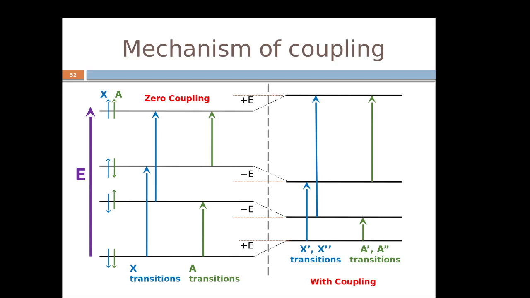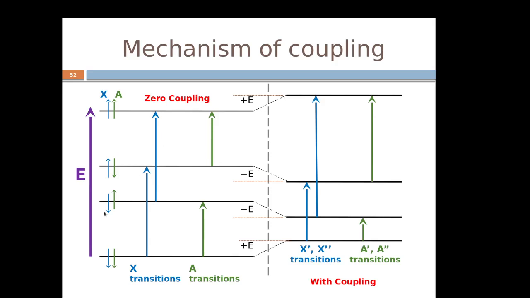But what happens when we have coupling between the A nucleus and X nucleus? When coupling happens, since these two configurations align with each other, when both the nuclei interact with each other or couple with each other, the energy of these two energy levels will be raised to some extent.